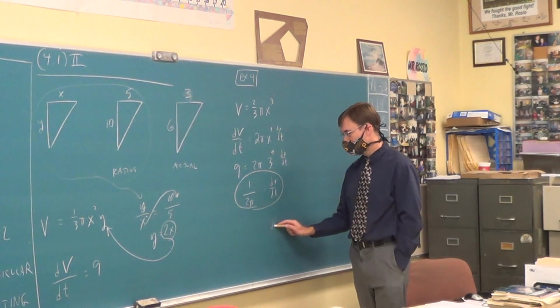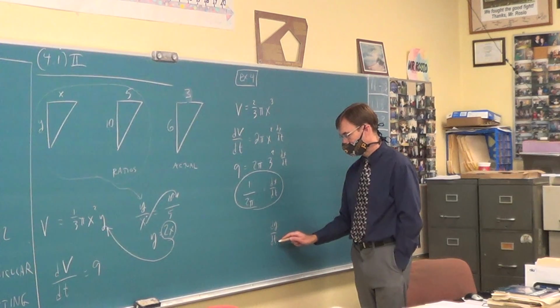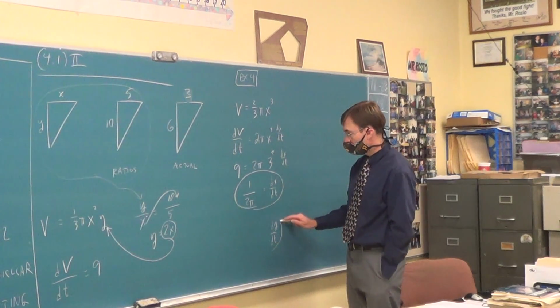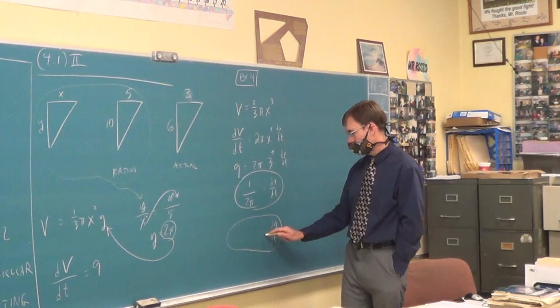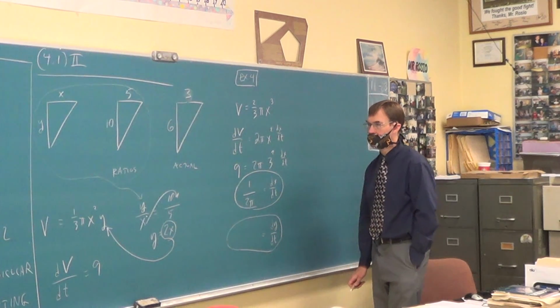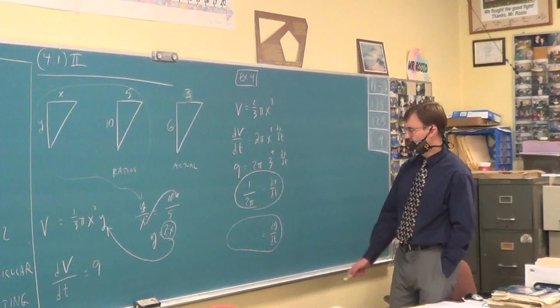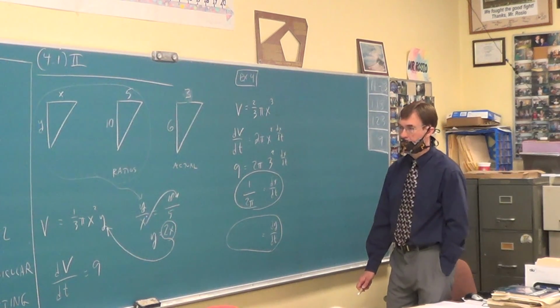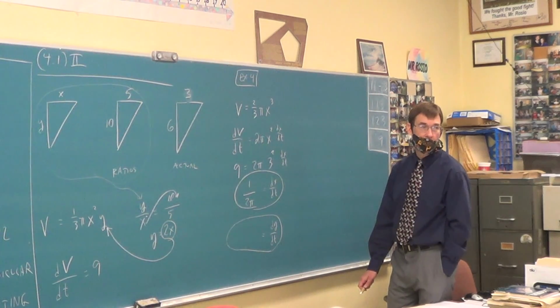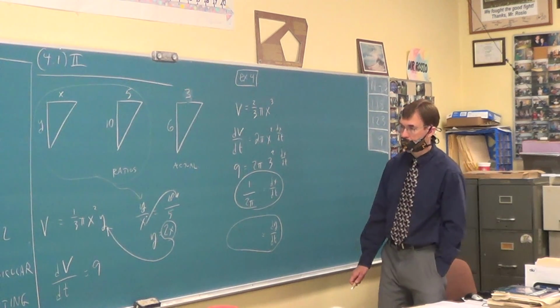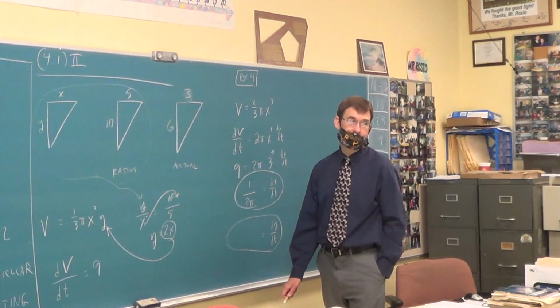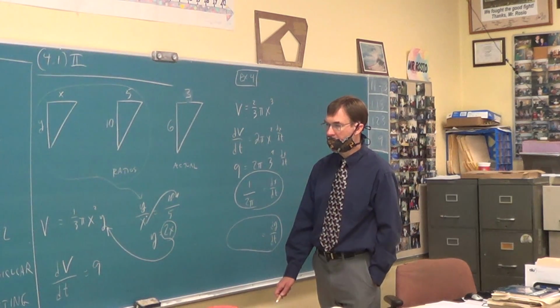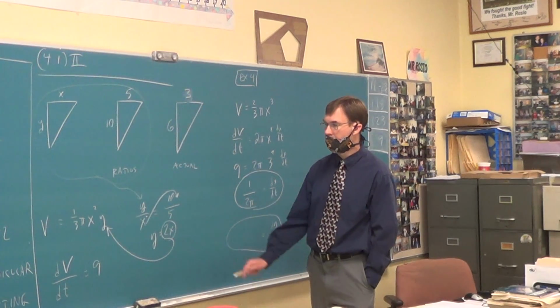Other thing we want to figure out is dy/dt. There's a really long way and a really short way to figure that out. Can anybody think of a way that you could figure out dy/dt? Do the derivative of the y equals 2x. That's the quick way. Can you think of a long way? Go to the V equals 1/3 pi x squared y and do the derivative of that. Maybe we'd have to product rule and that would be a pain.